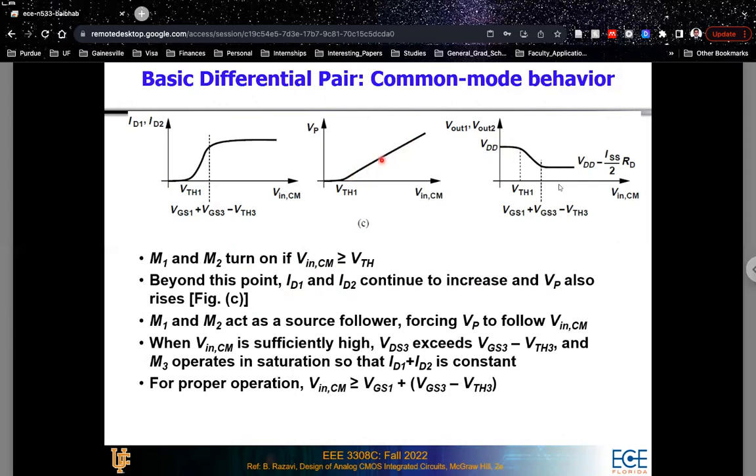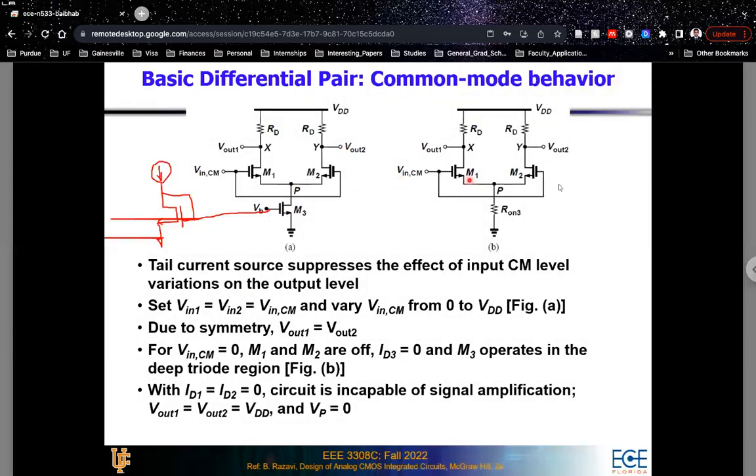Now, looking back at the previous structure, as you're applying the Vin,CM at the gate of these two transistors, the voltage at point P will follow the input applied as Vin,CM.